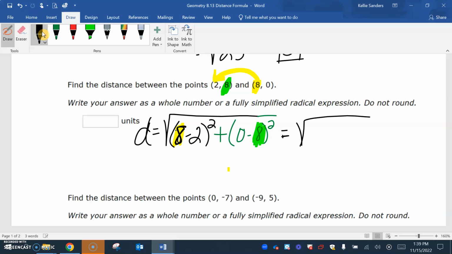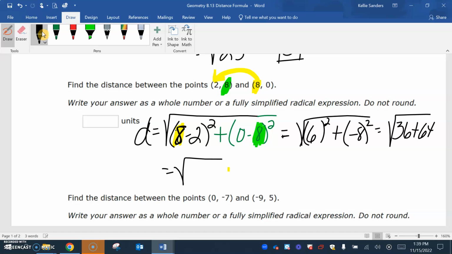Keep the square root so you don't forget to do that. 8 minus 2 is 6. 0 minus 8 is negative 8. 36 plus 64 is 100. The square root of 100 is 10. I said I was going to do it faster, but I did it step by step.